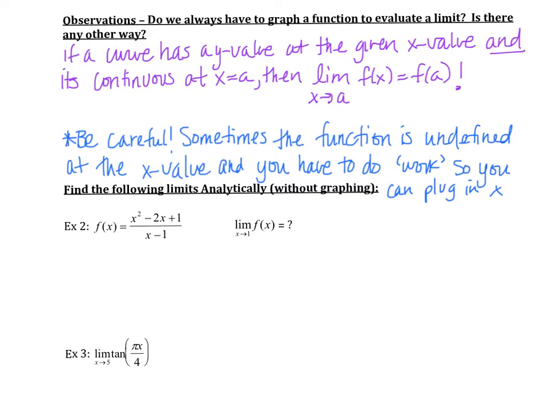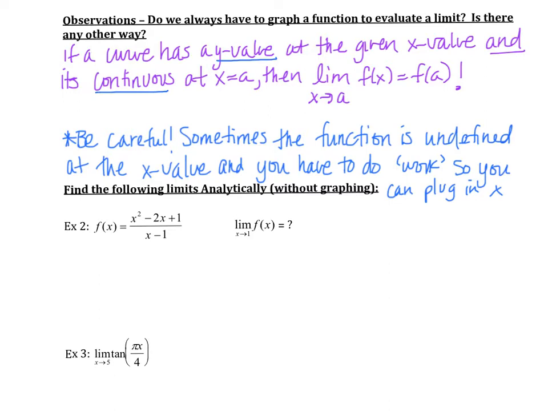If you recognize that the function you are being asked to graph is continuous at this point, and it exists at this point, then to find the limit, all you have to do is plug in the function value. And that's what this says right here. This part up here in the purple says, if the curve has a y value at the given x value, so basically that means if there is a point there, and it's continuous, so that means that there's no breaks or gaps in the graph.